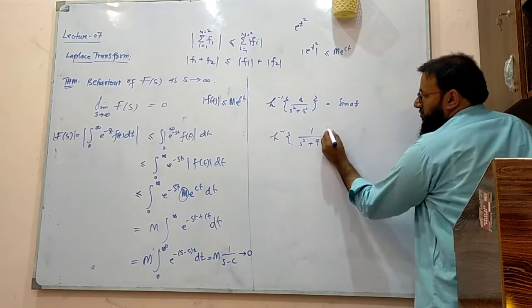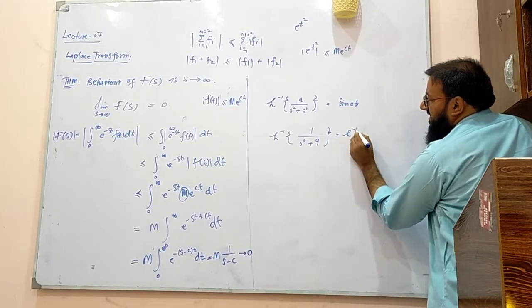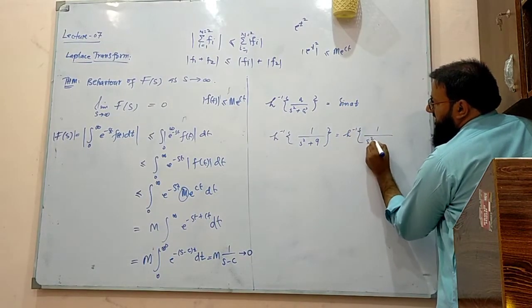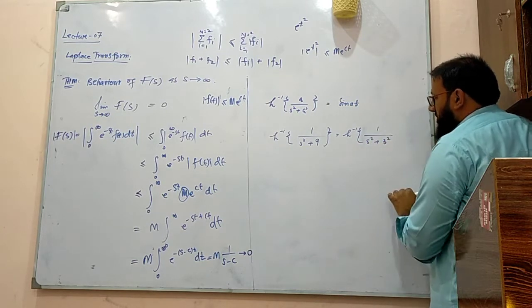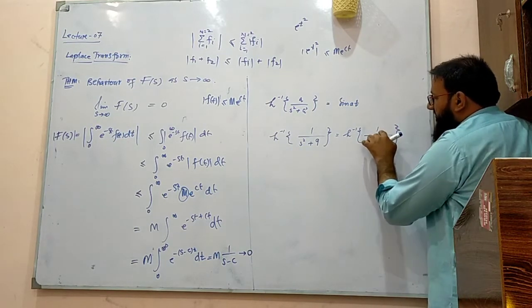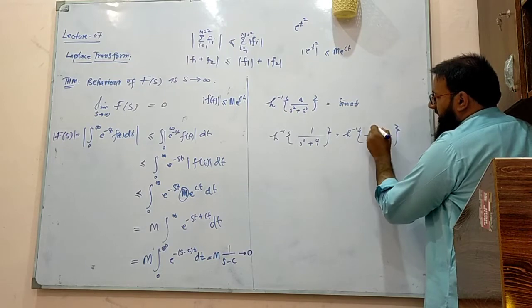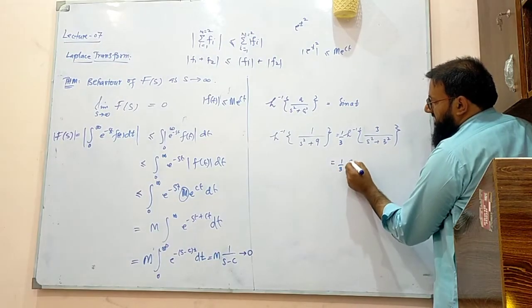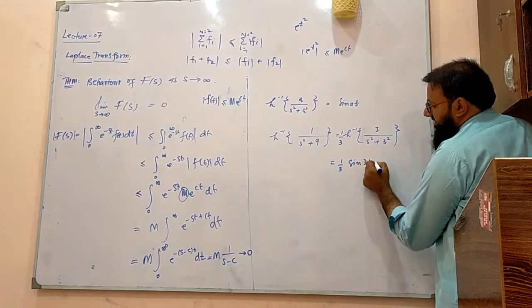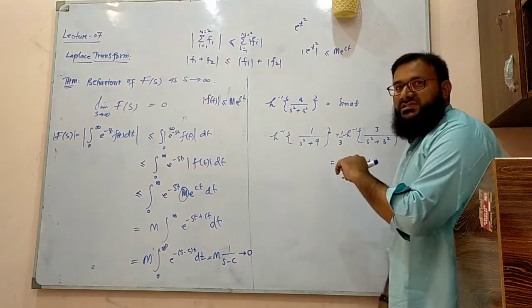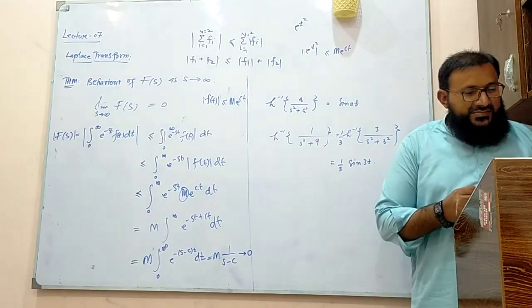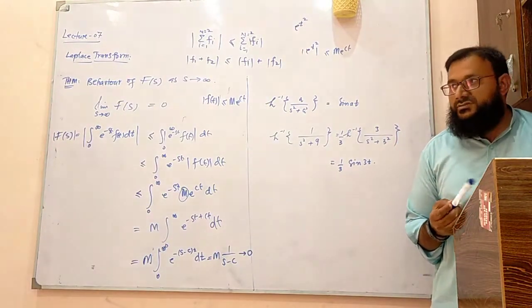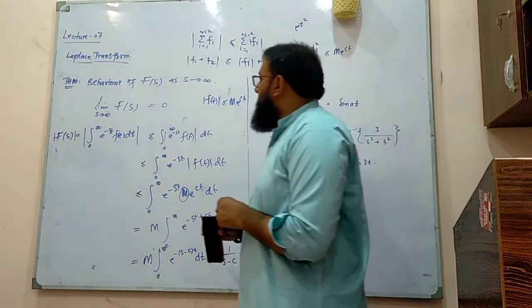So what can I do? I can write this as the Laplace inverse of 1 over s square plus 3 square. I must have 3 in the numerator here. So I am multiplying by 3 and dividing by 3. So this is going to be sine 3t. So we can just reverse the basic formulas that we have so far. The rest of the things remain the same.